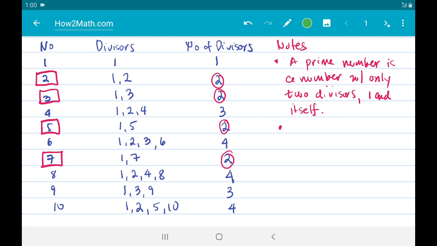So what are the numbers that are not prime? Those with 4 divisors, 4 divisors, 3 divisors, 4 divisors. So these are 4, 6, 8, 9, and 10.